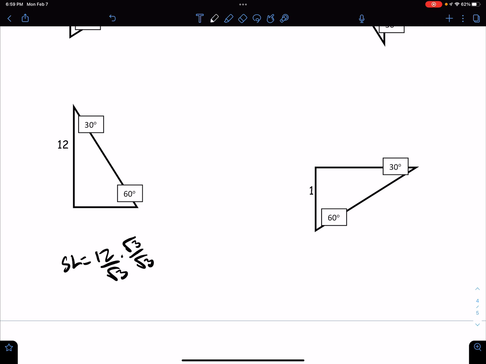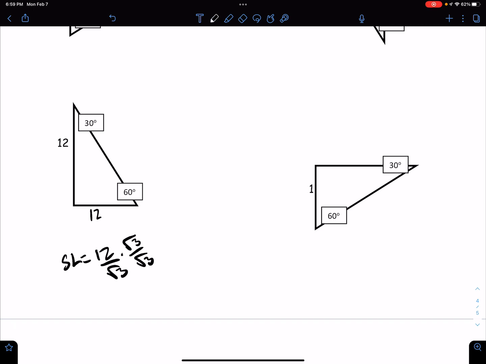Okay, so that is equal to 12 square roots of 3 divided by 3. But we could just say that's the same thing as 4 square roots of 3. Right? So I know that because of that, my hypotenuse is double it. So I'll just say 8 square roots of 3.